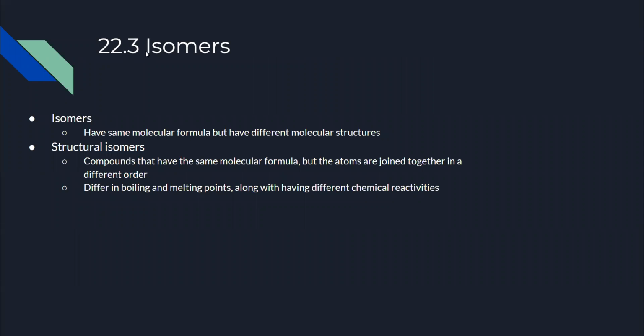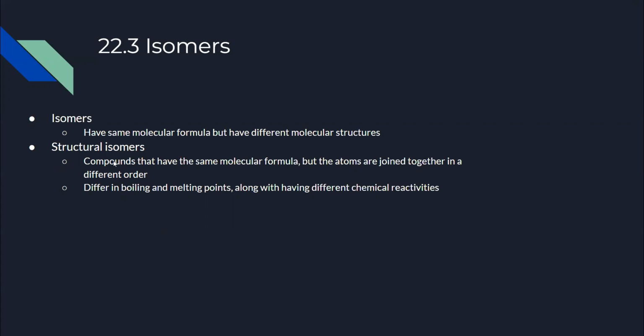So 22.3, isomers. Isomers are basically when you have the same molecular formula in an organic compound, but you have different molecular structures. One example of an isomer is between butane and 2-methylpropane, and they have different structures.